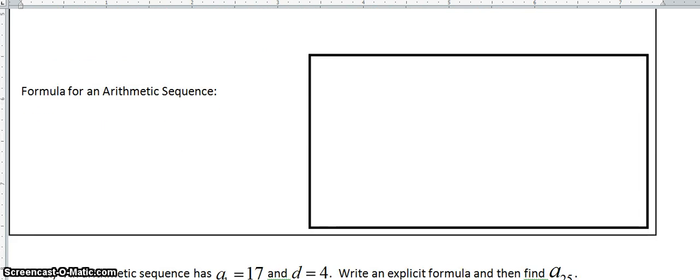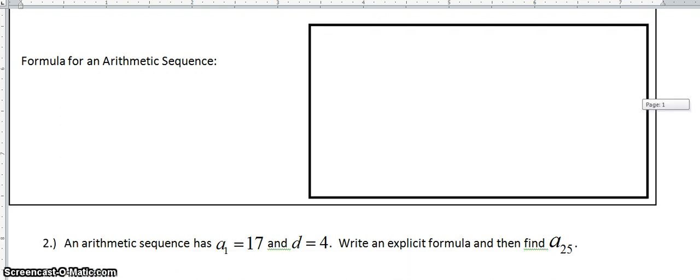Okay? Now, the formula for an arithmetic sequence we've kind of already talked about. We know that an arithmetic sequence is very closely related to a linear function, except we're not talking about functions, we're talking about sequences. So we compared an arithmetic sequence to a_n equals mn plus b, like mx plus b, right? So that we've already talked about.